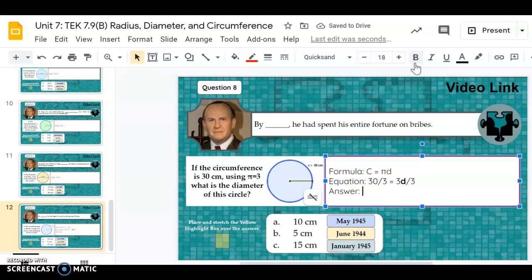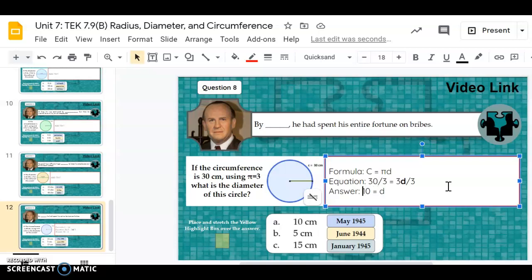So what's 30 divided by 3? It's 10. Now what is 3 divided by 3? Well, it's 1. And then I bring down my D. Now we don't actually write 1D. We just leave that 1 out because there's only 1D here. It's like an invisible 1. You just leave the letter by itself.